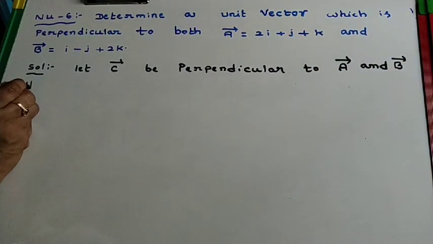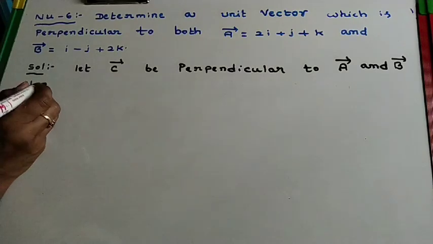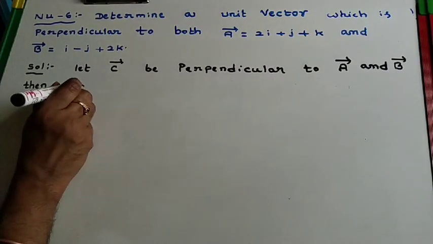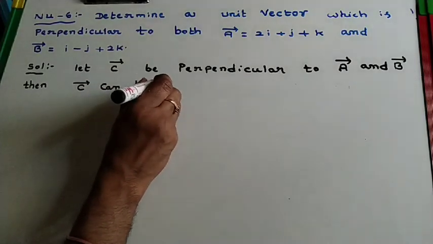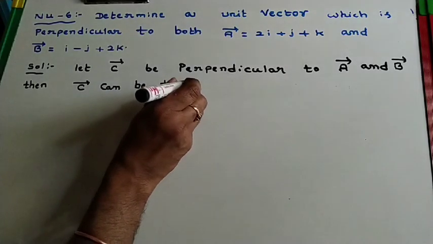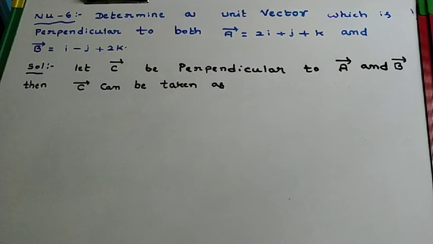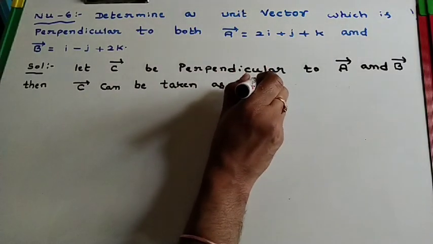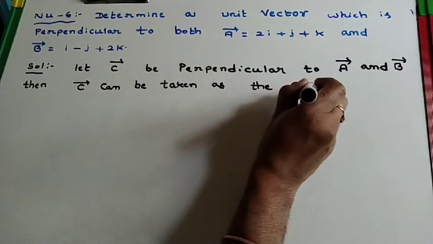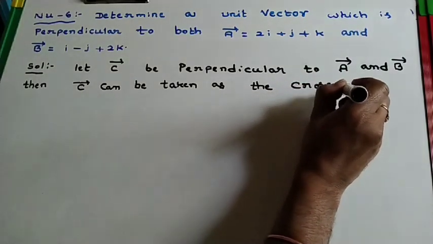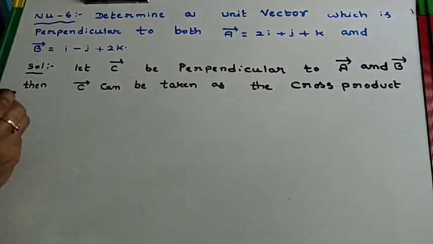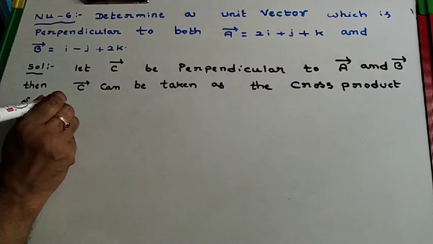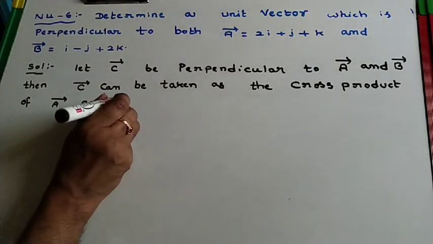Then C can be taken as the cross product of A vector and B vector.